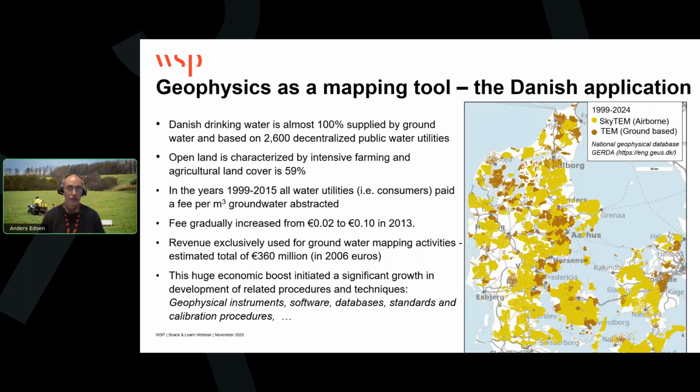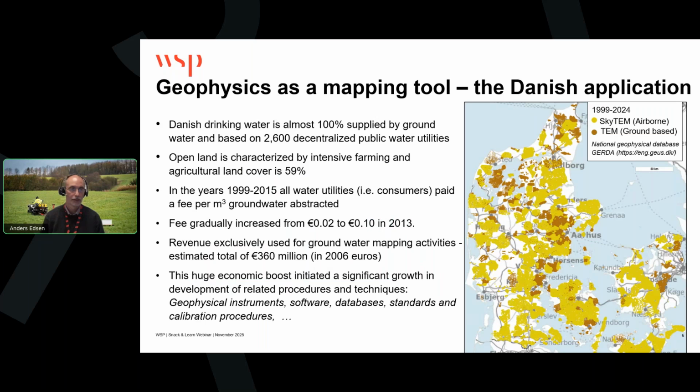We started seeing that in the beginning of the 1990s, and then general regulation was put out, emphasizing that all the water utilities have to pay a fee per cubic meter of water that was extracted and then distributed to the consumers.